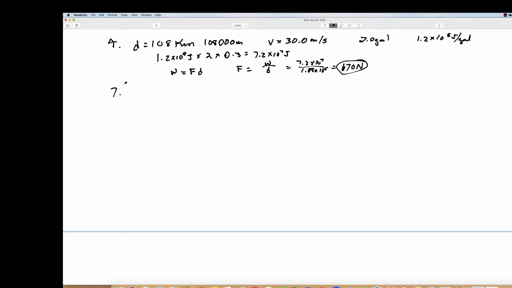The next problem is problem number 7. And problem number 7 states that a shopper has a grocery cart and pushes this grocery cart at a constant speed for 20 meters on level ground.